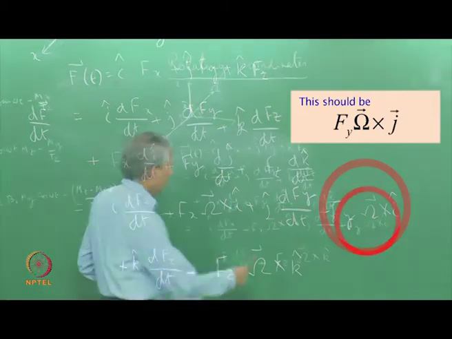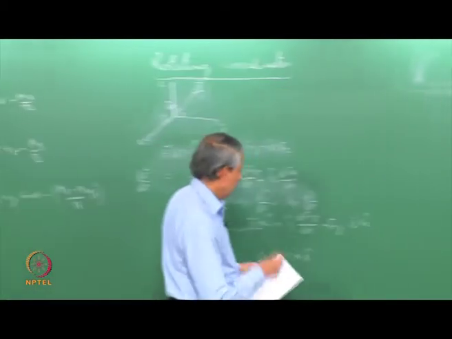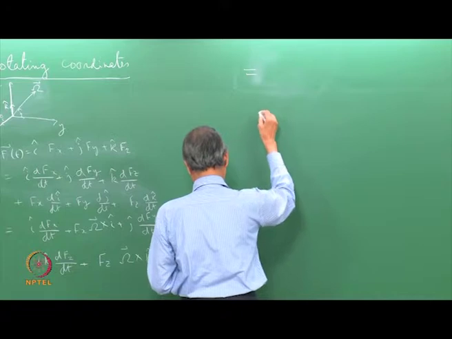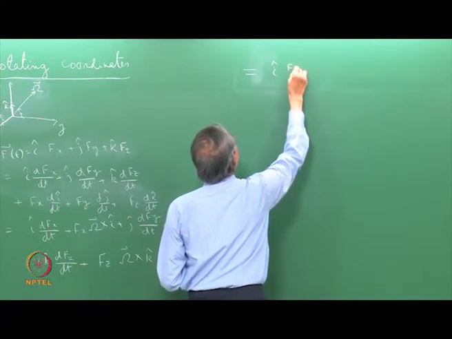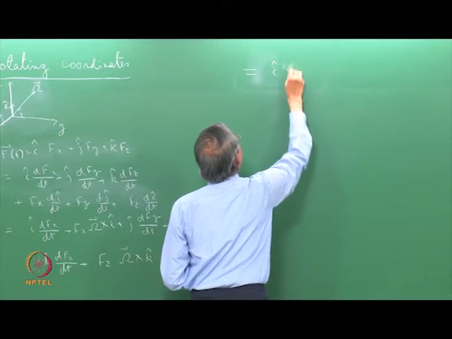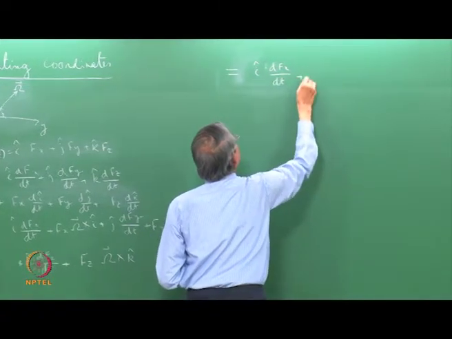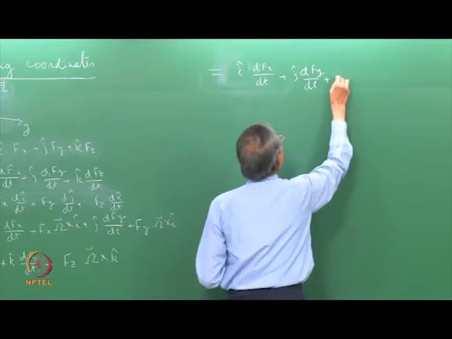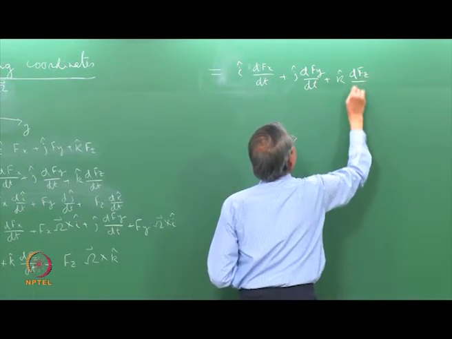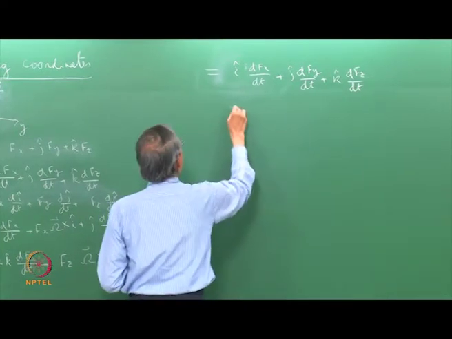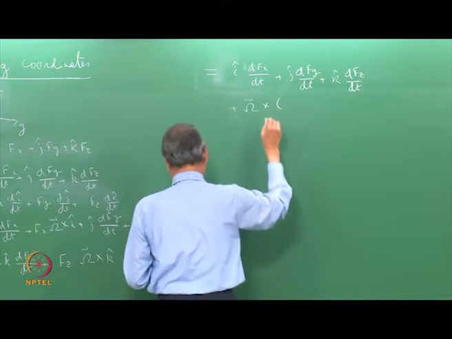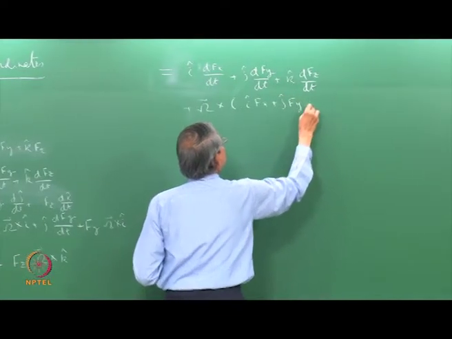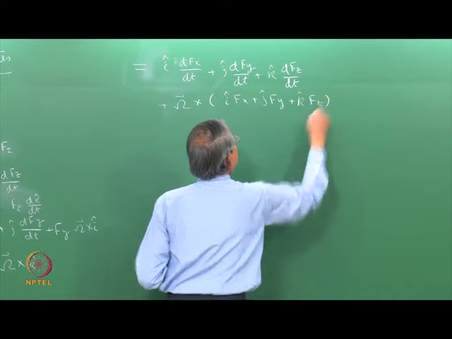Now, we can collect all the terms that involve this omega. This gives a df z by dt plus the omega term, i f x, j f y, k f z.